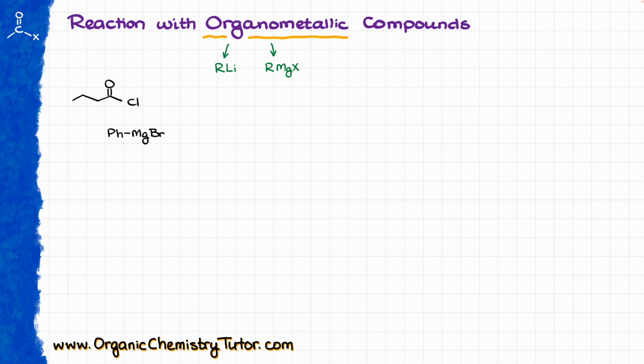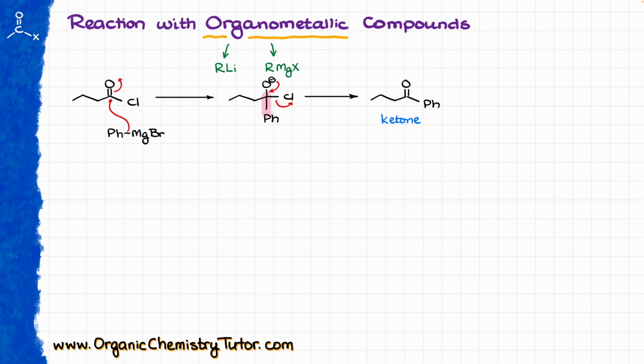So Grignard reagent is a very powerful nucleophile, so as we would expect, it is going to react with our carbonyl, kicking electrons onto the oxygen like so, making a tetrahedral intermediate and a new carbon-carbon bond over here. Now, like in any reaction that we have seen up to this point, the electrons are going to go down and we are going to lose our leaving group, which is of course a chlorine atom, giving us a ketone.